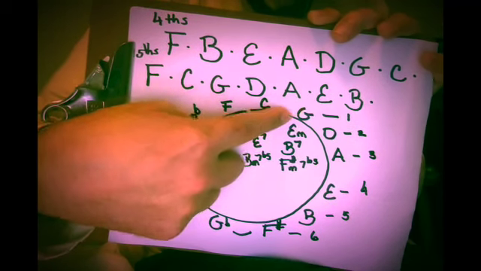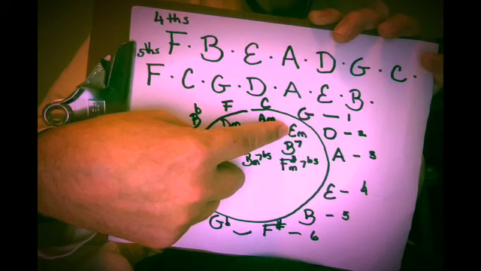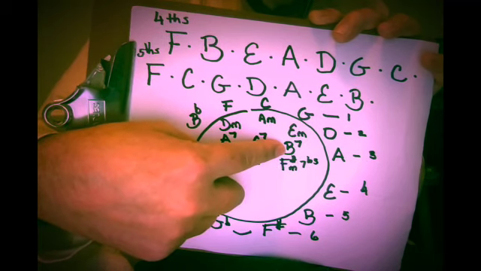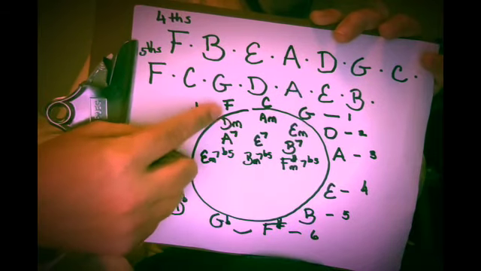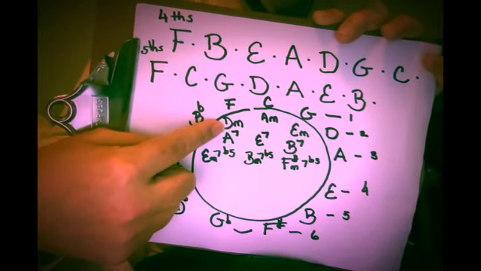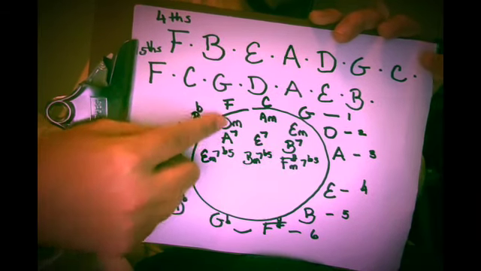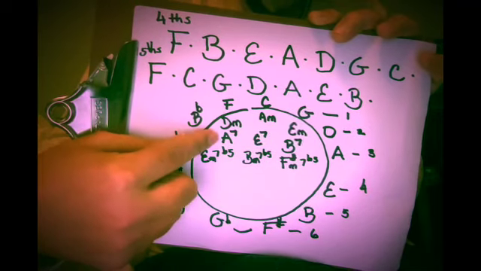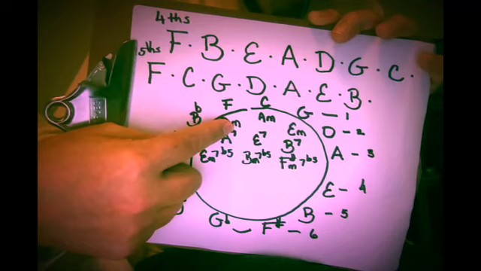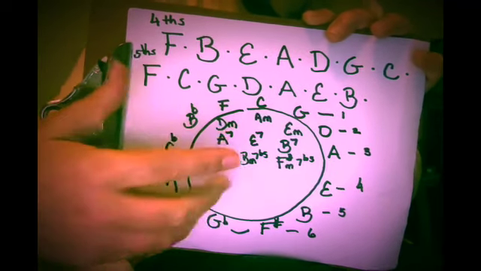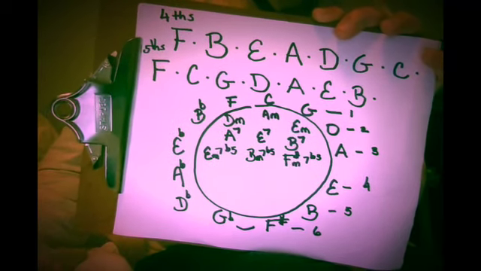Likewise, for G, E minor is its relative minor, B7 is its 5 chord, the 5 of E minor. Likewise, F, D minor is the relative minor, A7 is its 5 chord. So you could go from C to A7 to D minor to G and keep going, just randomly looking.